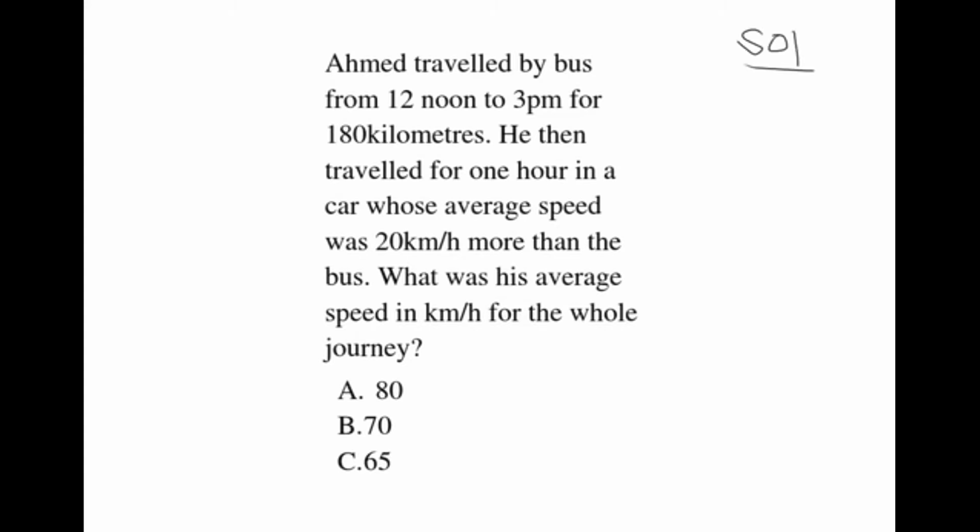First, let us get the average speed for the bus. We are told that the bus traveled for 180 kilometers. Then it traveled from 12 noon to 3 p.m. So let us find the time between 12 noon and 3 p.m. 3 p.m. Write it into 24-hour clock.